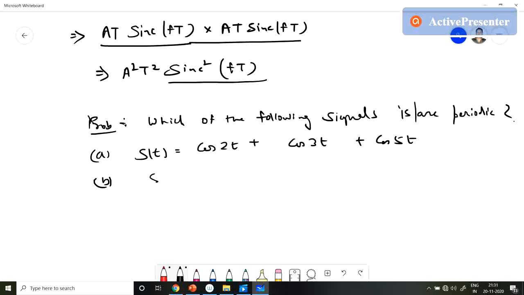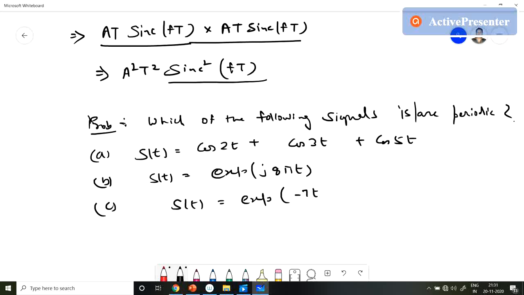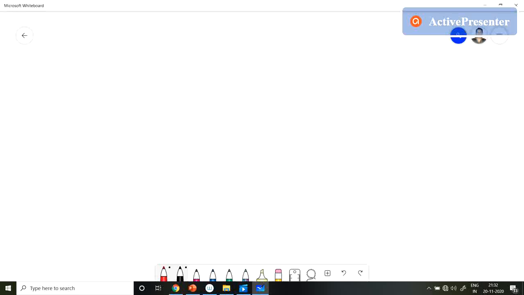Then part B, s(t) equals exponential j 8 pi t. Part C, s(t) equals exponential minus 7t sine 10 pi t, and part D is s(t) equals cos 2t and cos 4t. So let us solve these questions.